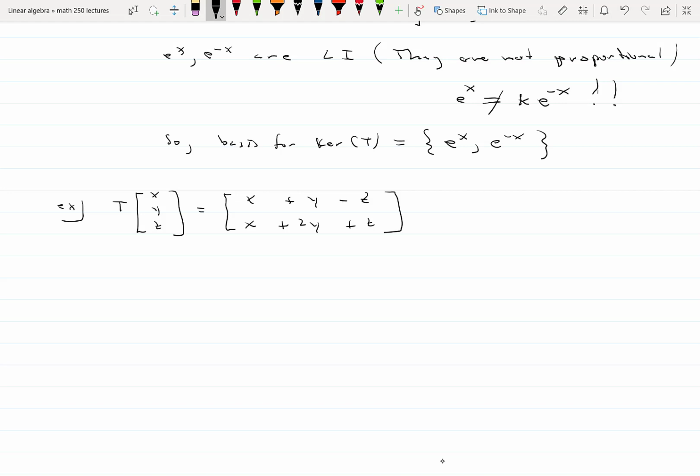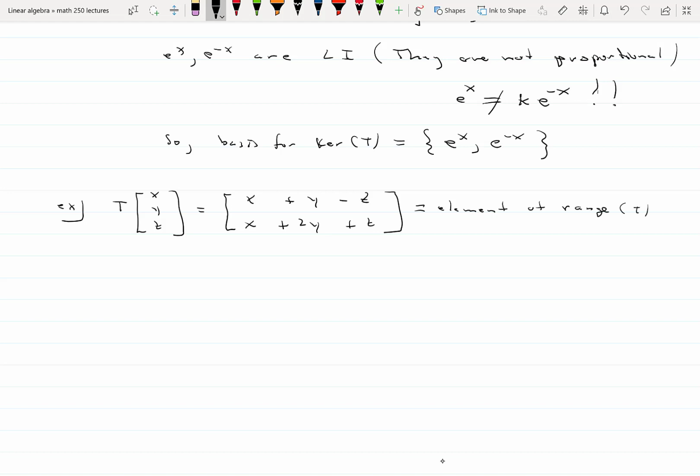That is a basis for everything in V that gets sent to the 0 vector in W. Now I want to look over in W. I want to find a basis for the range of a linear transformation. So here's our linear transformation. T of x, y, z gets turned into this 2x1 matrix. So that 2x1 matrix is an element of the range.